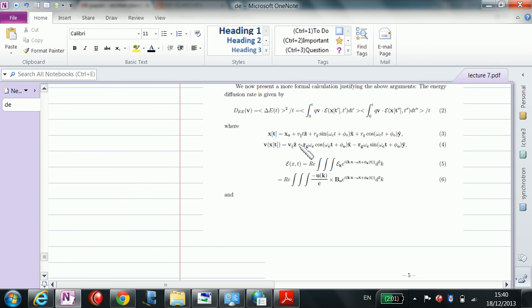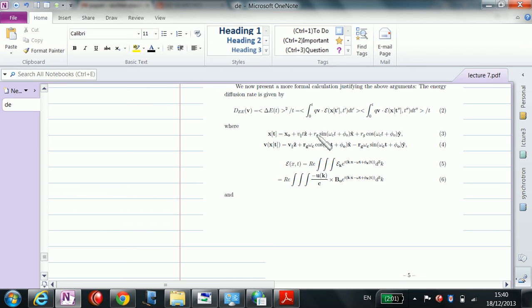But now, instead of x just being Vt, dividing the motion up into motion along the magnetic field and motion perpendicular to the magnetic field.